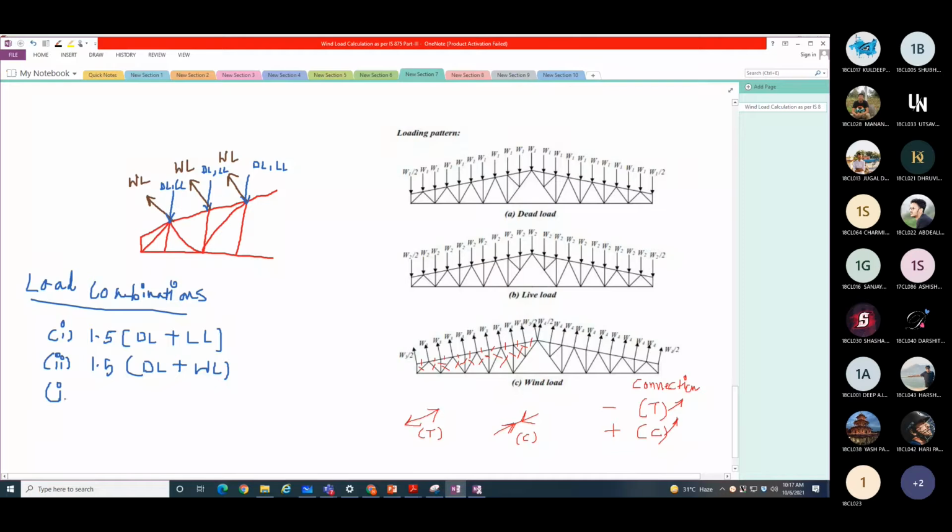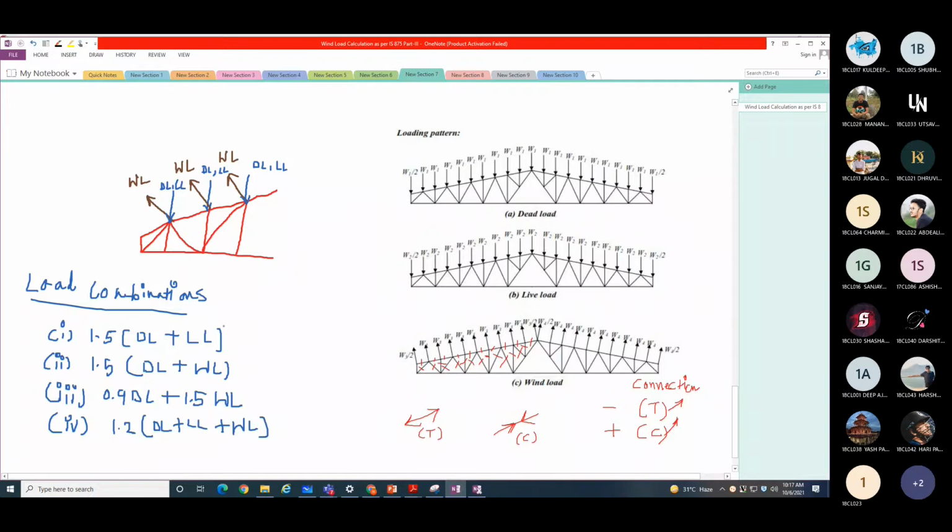Then the third combination we need to take as 0.9 dead load plus 1.5 wind load. And the fourth combination we require to do is 1.2 dead load plus live load plus wind load.